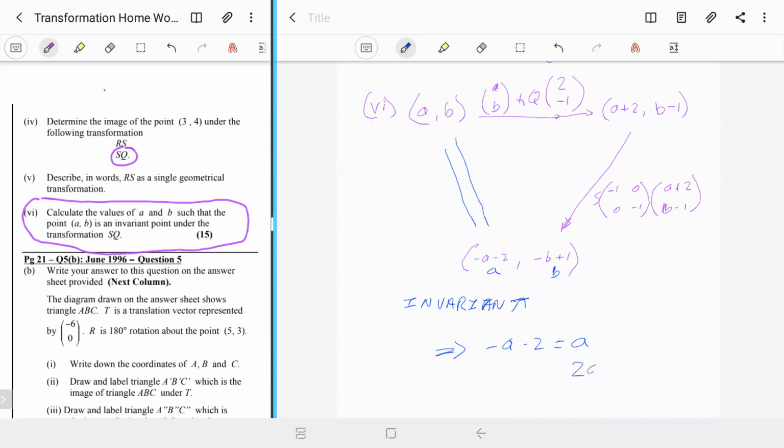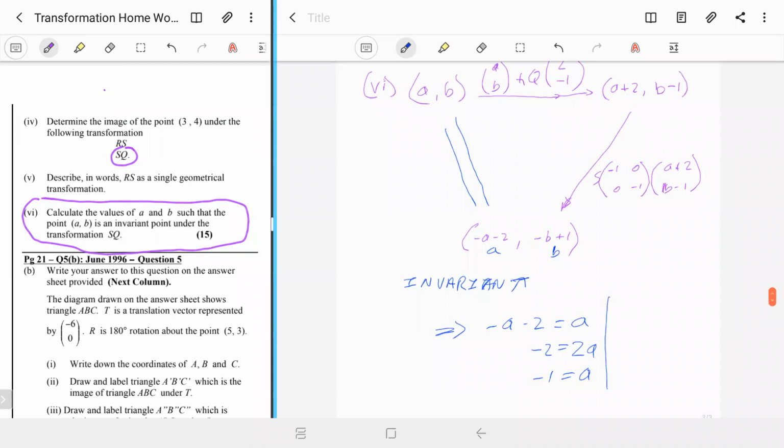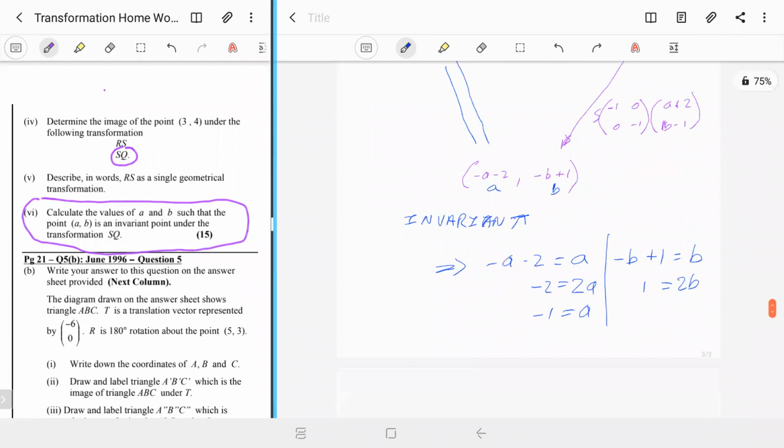That means 2A is equal to minus 2, so A is equal to minus 1. And secondly, the minus B plus 1 is equal to B. Over the B again, you get 2B equal to 1. Dividing by 2, B is equal to a half.